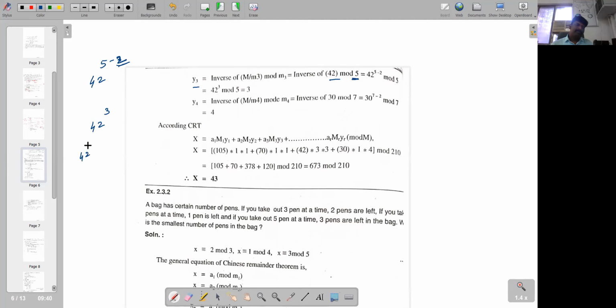You can take 42 power 2 mod 5 and multiply it by 42 mod 5. Sorry, I just made a mistake here, it is mod 5. What is that 42 power 3 mod 5? Are you getting the result equal to 3?